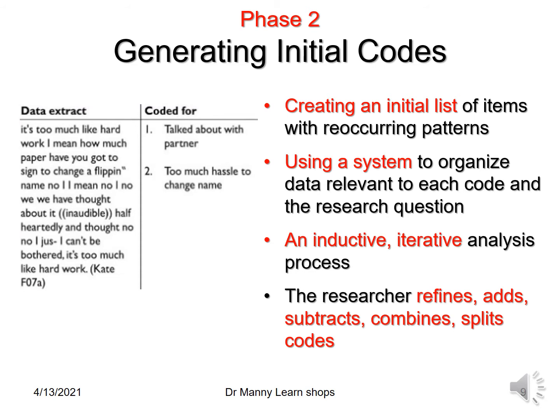That's why you're doing the analysis. It's an inductive, iterative, which means cyclic, approach to analysis. And this is where you as the researcher, the analyst, refine, add, subtract, combine, split your codes. It's an ongoing process.